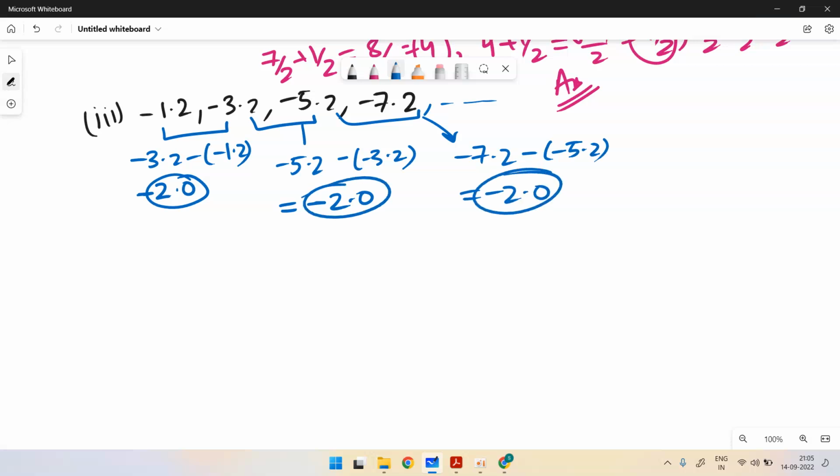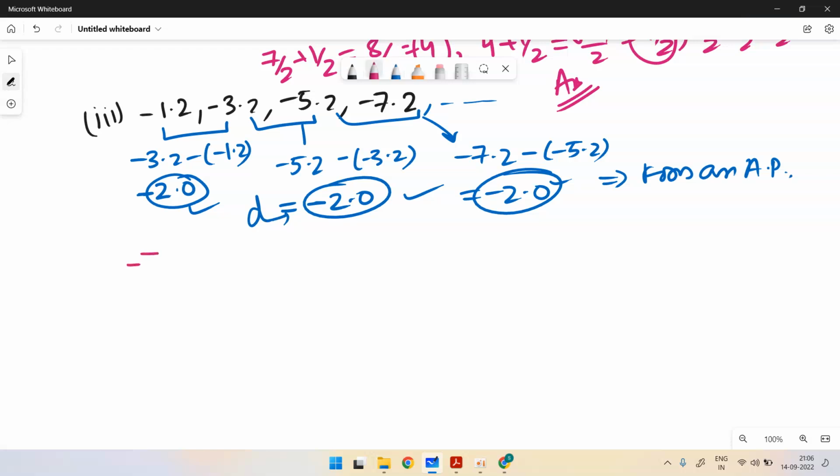And if you see, all the common differences are equal, which implies that this series forms an arithmetic progression, AP. Since this forms an AP and d is minus 2, the question asks to find the next three terms.